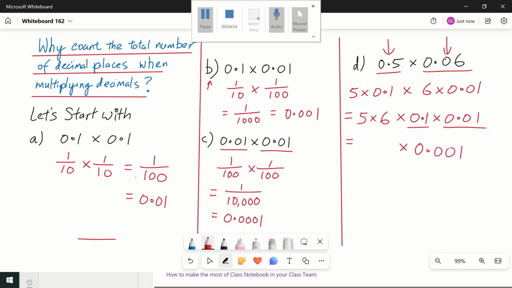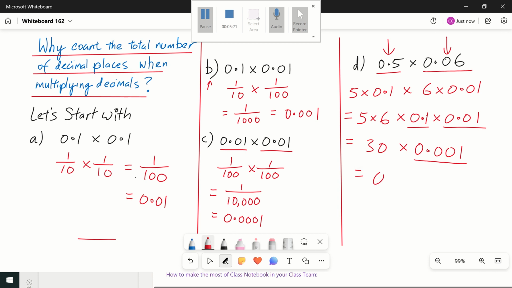Okay, and this is where the total number of decimal places comes from. It comes from considering the number of decimal places in the first number and the number of decimal places in the second number. So 5 times 6 gives you 30. Now 30 times 0.001 means practically 30 units of 0.001.